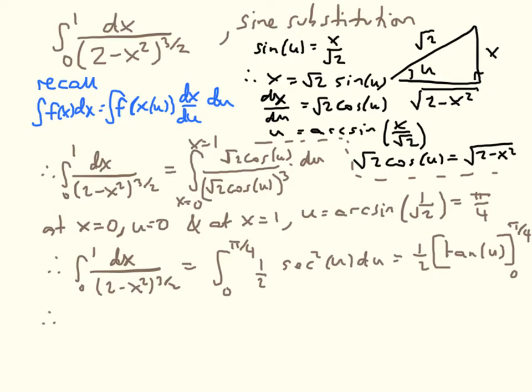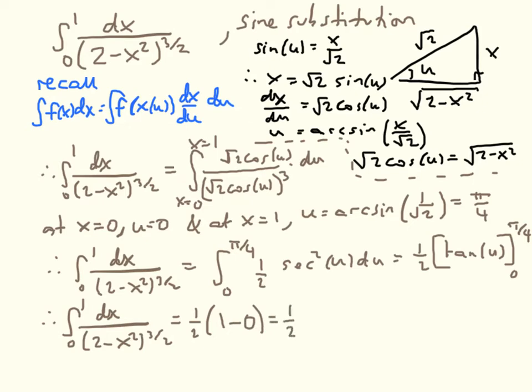So therefore our integral from 0 to 1 dx over 2 minus x squared to the 3 halves is going to be 1/2 times, and now the tangent of pi over 4 is 1, minus the tangent of 0, which is 0, so our answer is 1/2.